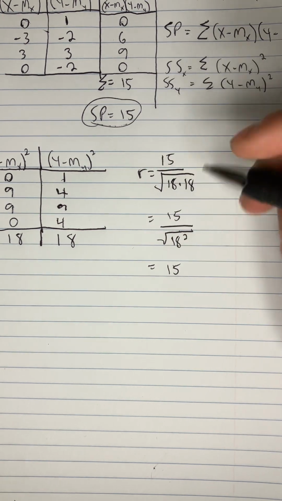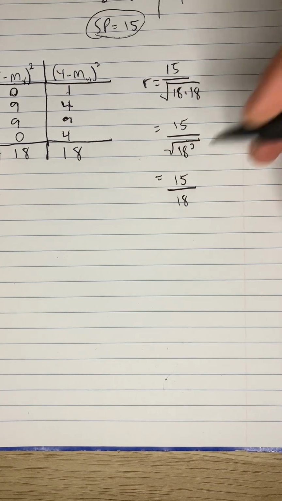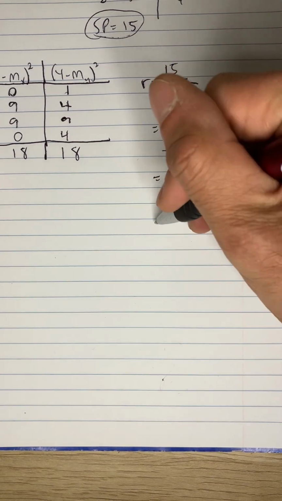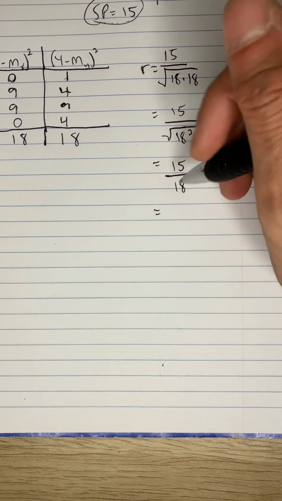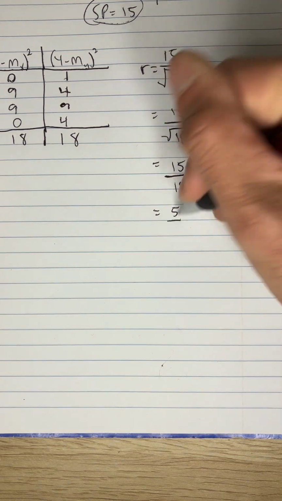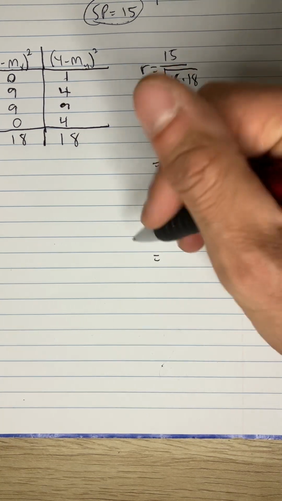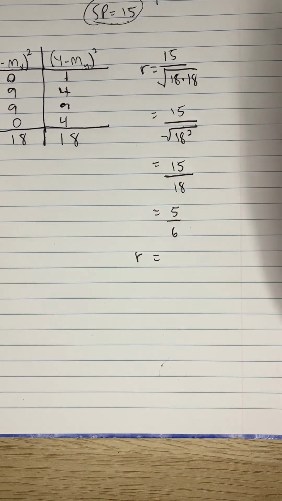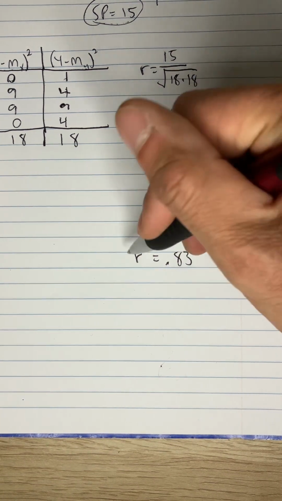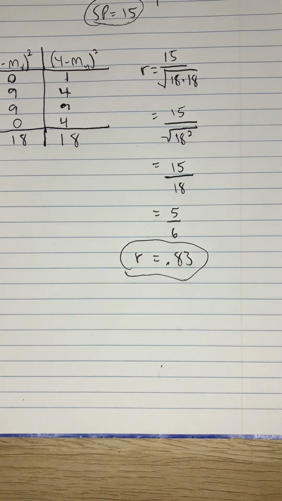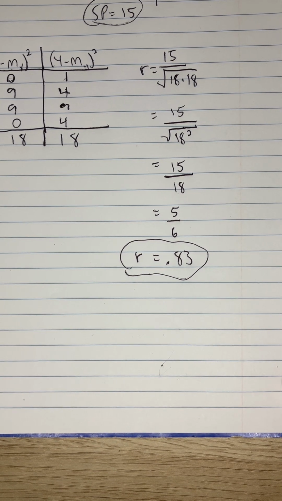So we have 15 over 18, which, if you divide it by 3, we get 5/6. So if you punch that into your calculator, you should get that r is approximately 0.83. Okay, so that was chapter 14, number 4.